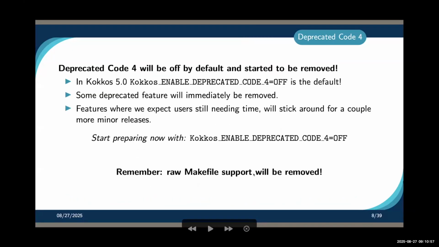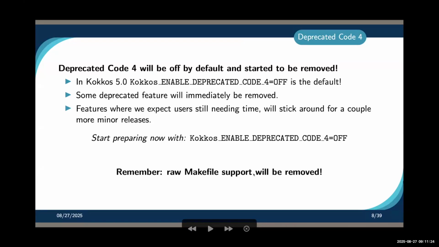Other thing, deprecated code 4 will be off by default in Kokkos 5. That's features we deprecated during the 4.x series. Some of these features we will remove basically immediately in 5.0. Others, where we think users will still need more time to adjust to the new reality, we will keep around for a couple more minor releases.